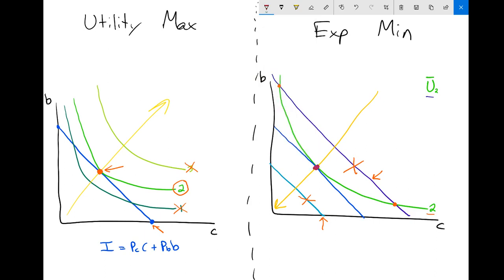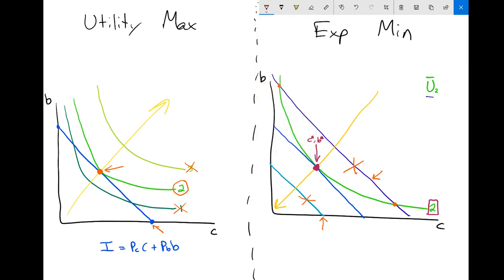If they choose this bundle, they are still achieving their desired level of utility, yet they are minimizing the amount of money that they have to spend to achieve it. And so this bundle here will be the optimal according to the expenditure minimization problem.